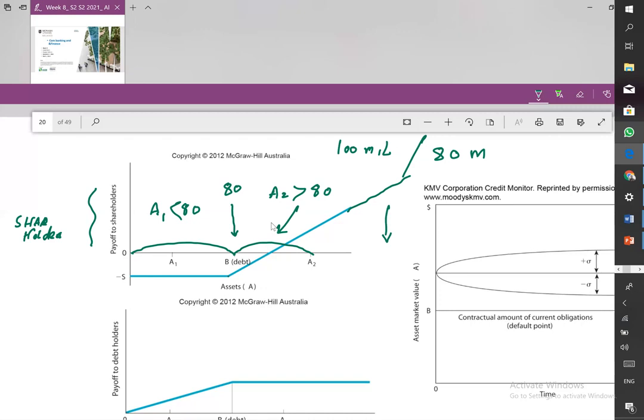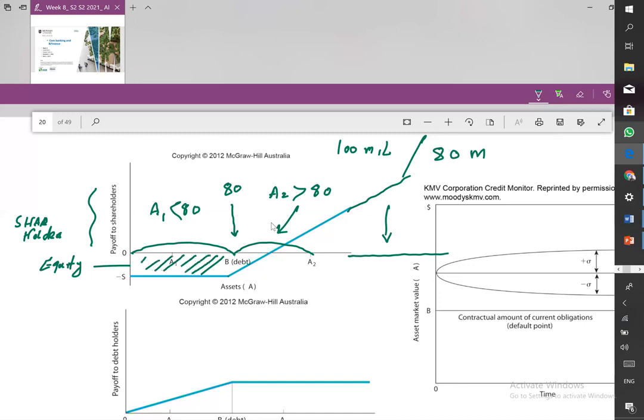But if the value of the company goes under the debt, then what they will lose is their equity. This is the maximum they can lose.